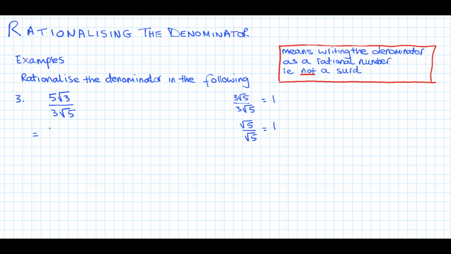So let's do that one then. We've been asked to rationalise the denominator. It is not a rational number at the moment. 5 root 3 over 3 root 5 is equal to that times 1, except our 1 is going to be written as root 5 over root 5. Now, as before, we multiply the top. That's 5 times root 3 times root 5. And in the bottom, we've got 3 times root 5 times root 5.